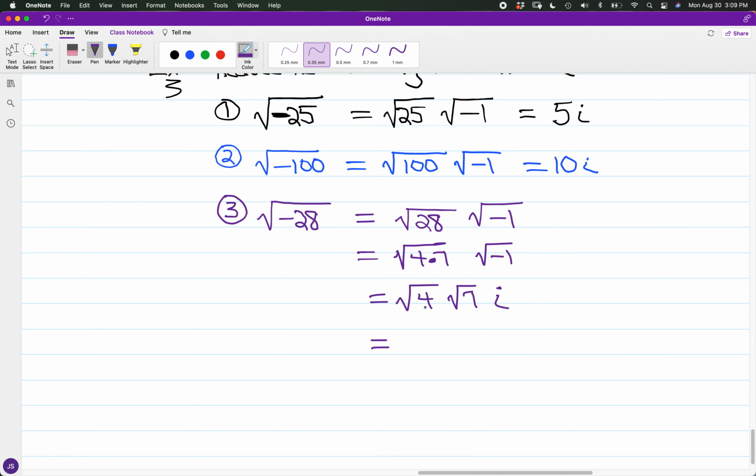And for the reduction, the square root of 4 is 2, and we have times the square root of 7, and times I. I think this would be the more common notation, but some of you might have seen complex numbers before with the variable in front of the radical. So another possible notation would be 2i times the square root of 7, but I see this form more frequently.